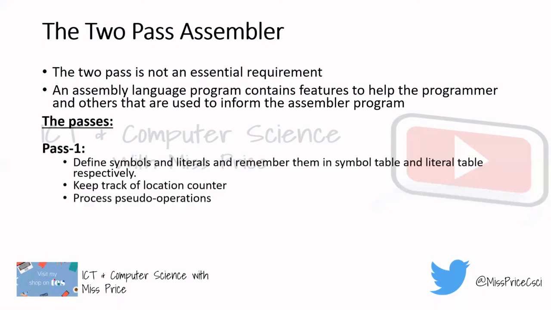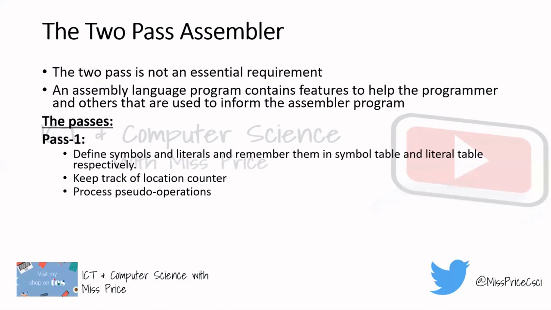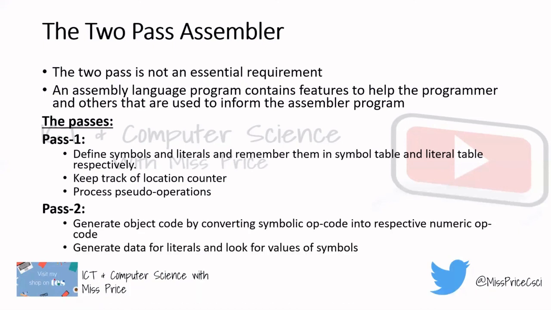So in pass 1, define symbols and literals and remember them in a symbol table, keep track of the location counter, and process any pseudo-operations. Then pass 2 will generate the object code by converting the symbolic operation code into the respective numeric opcode, and then it generates the data for literals and looks for other symbols.